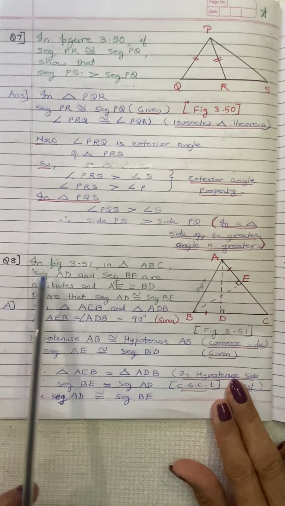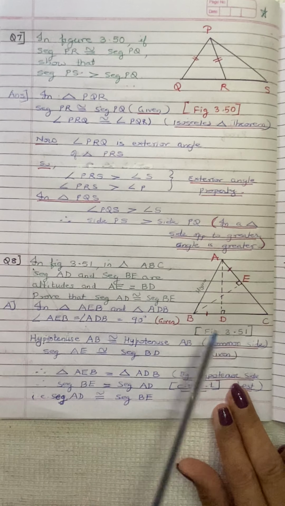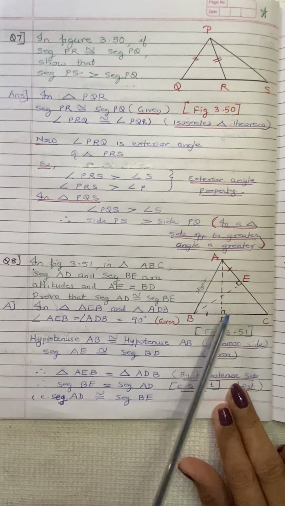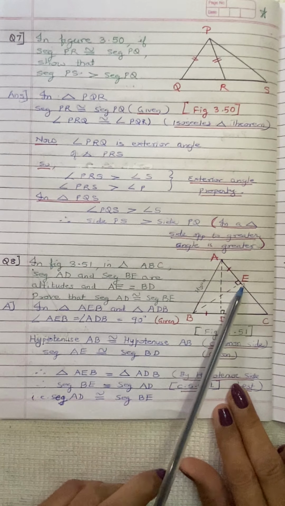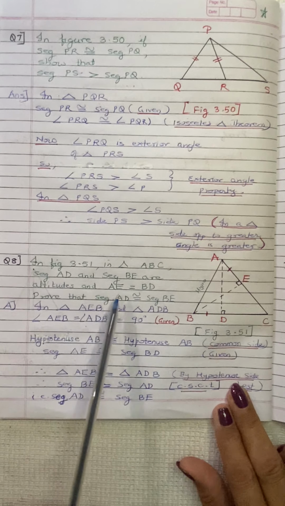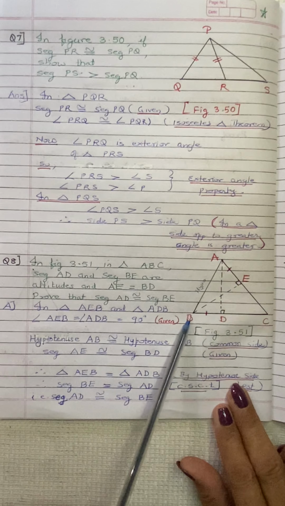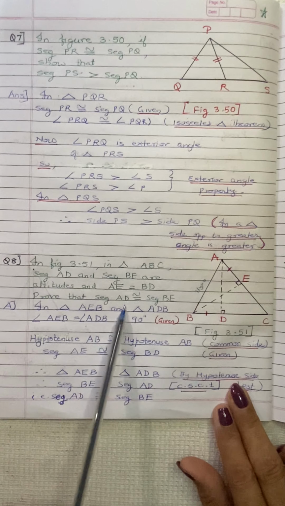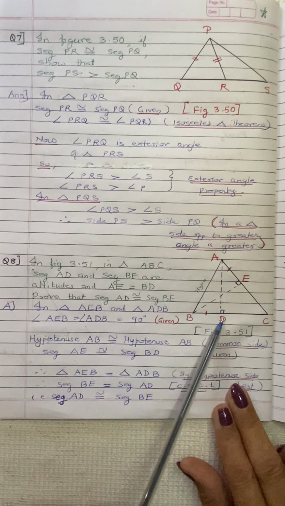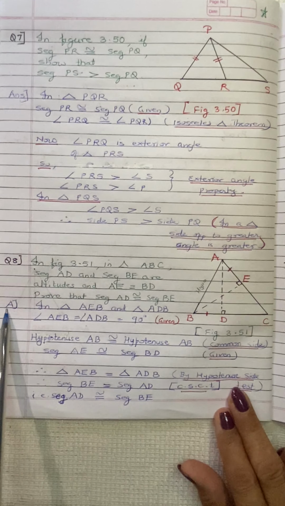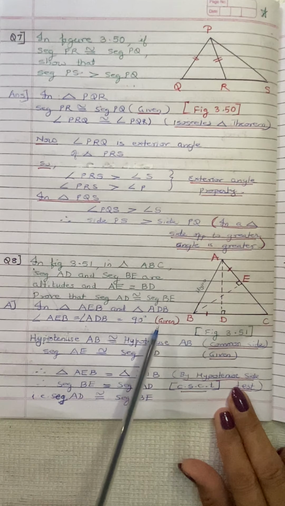Question number 8. In figure 3.51, in triangle ABC, segment AD and segment BE are altitudes and AE is equal to BD, given. Prove that AD is congruent to BE. Now let's see this in triangle AEB and ADB.